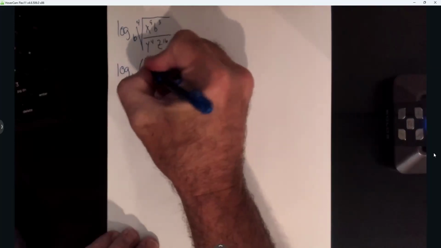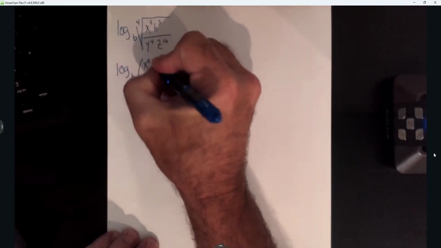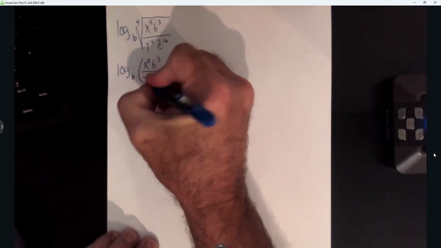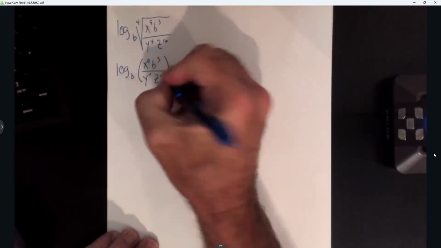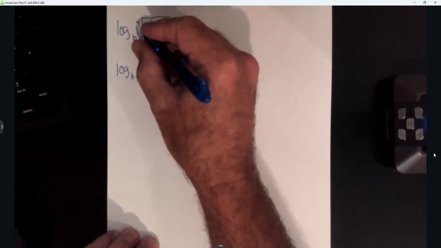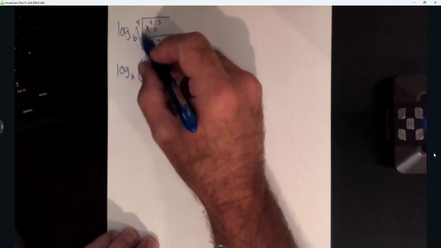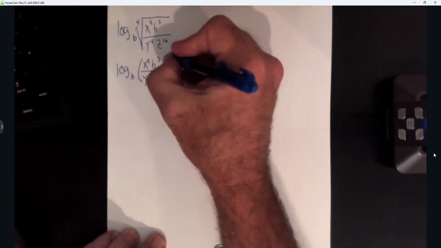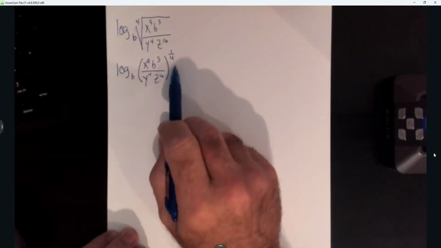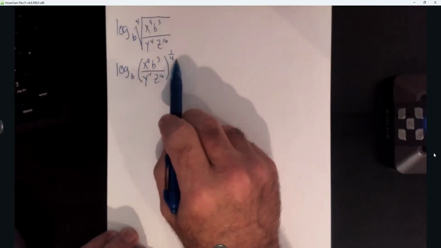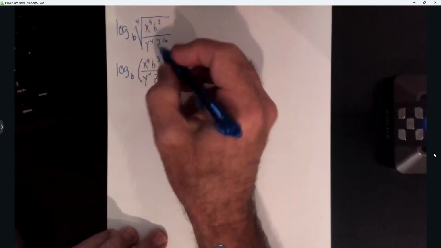So I'm going to put my x9 B3 over my y4 z16 in parentheses. Now, this fourth root, if I wrote it as a fractional exponent, would be a 1/4. So that was just converting the radical.